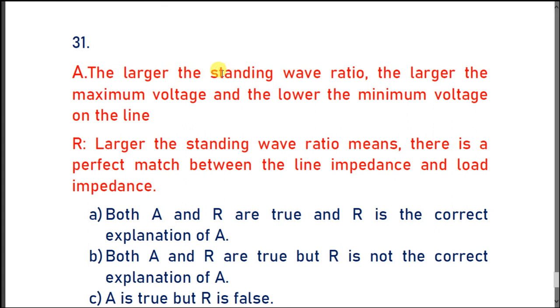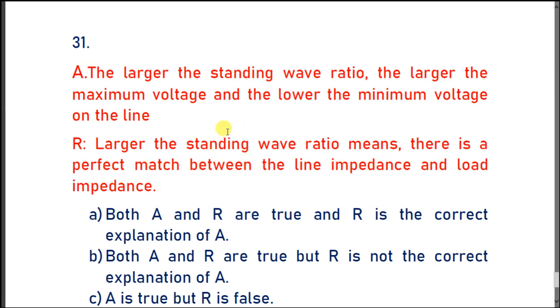The standing wave ratio represents how the input power flows from the input to the output side. What is the maximum power? If the VSWR is very high, then that means the ZL is equal to 0. That is perfectly matched between input and output, and maximum power is going to be transferred. So the answer is B. That means this statement is right: larger the VSWR, that means a perfect match between the line impedance and load impedance.